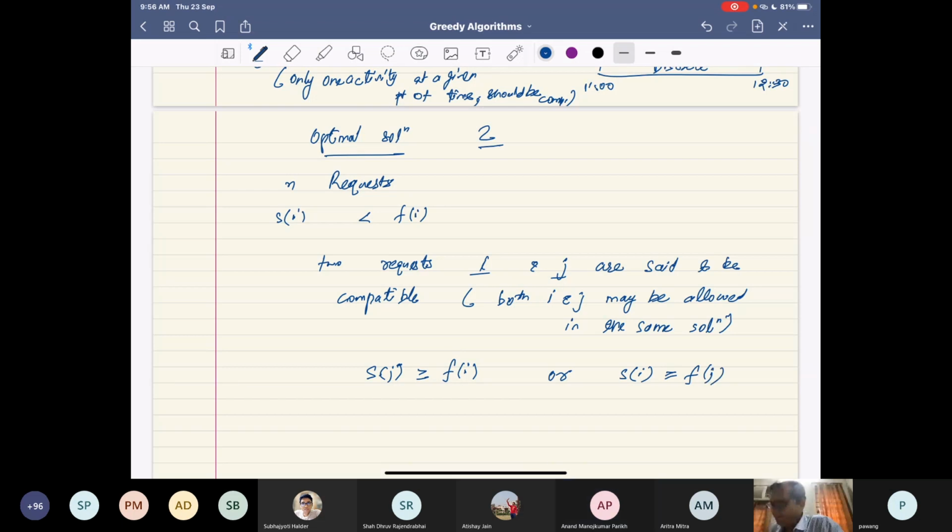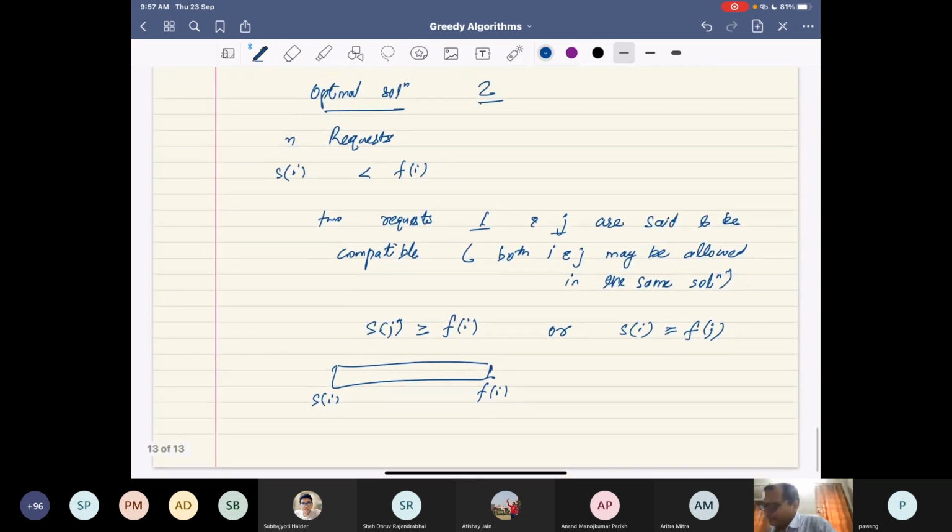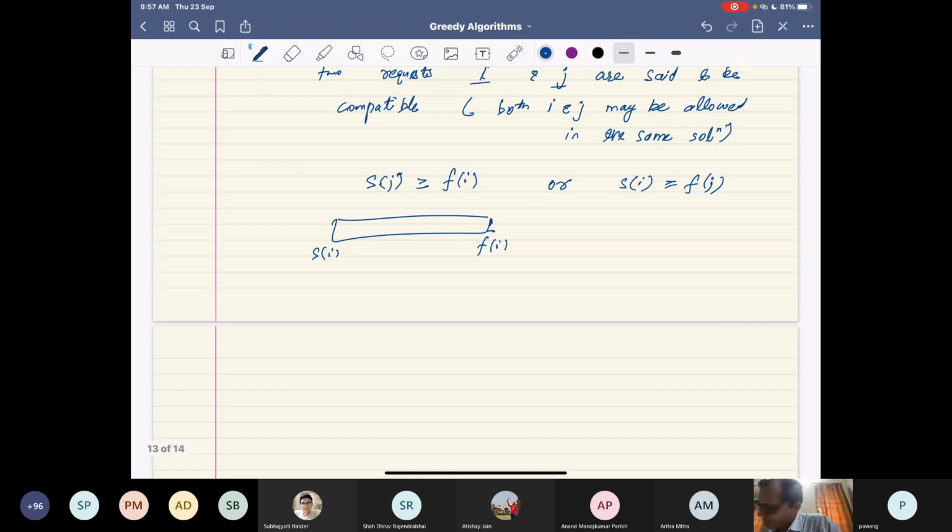Yes. That means one of them has to finish before the other starts. With Si and Fi, j should satisfy one of 2 possibilities.